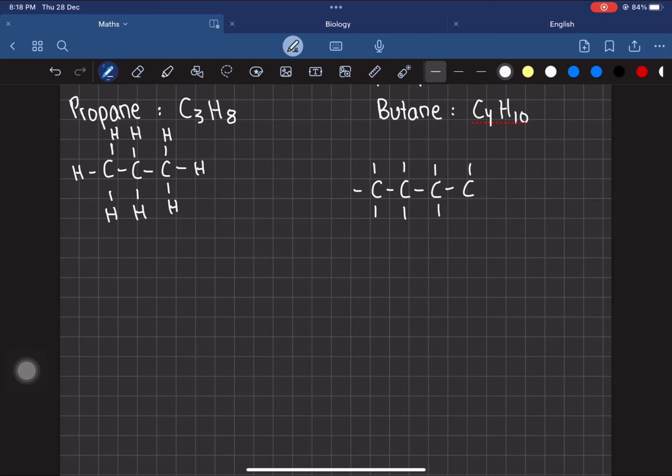Remember, 4 bonds for each carbon, and then the hydrogens finally. That's it. That's the structural formula for butane.